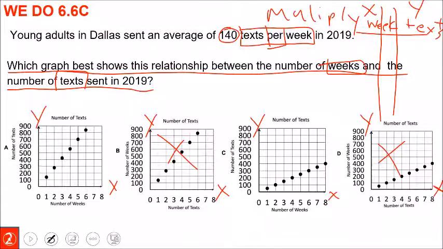So now we need to figure out, we've got week 1, and the text is 140. So we're going to multiply because it's multiplicative. And then we've got 2 times 140. So that's going to be 280.